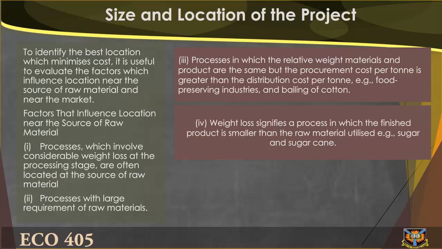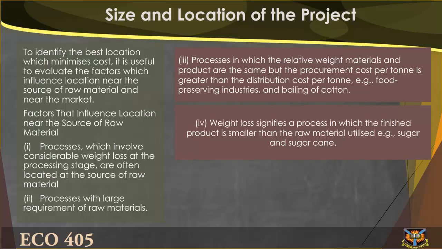Factors that influence location near the source of raw materials. 1. Processes which involve considerable weight loss at the processing stage are often located at the source of raw material. 2. Processes with large requirement of raw materials. 3.